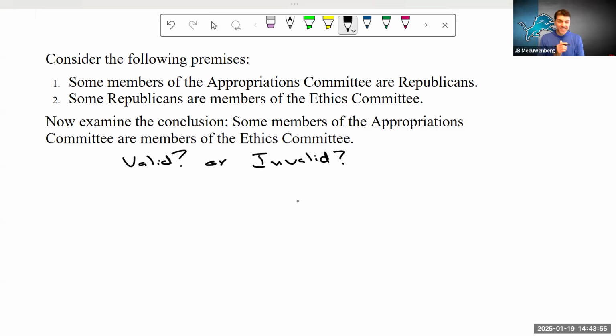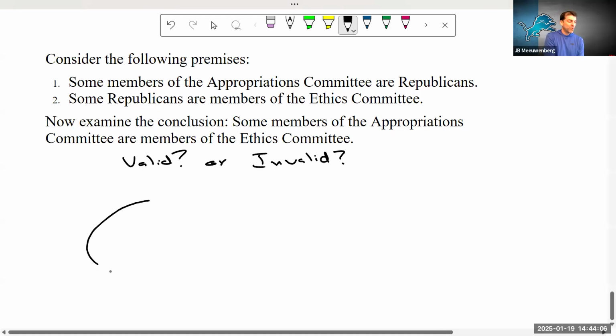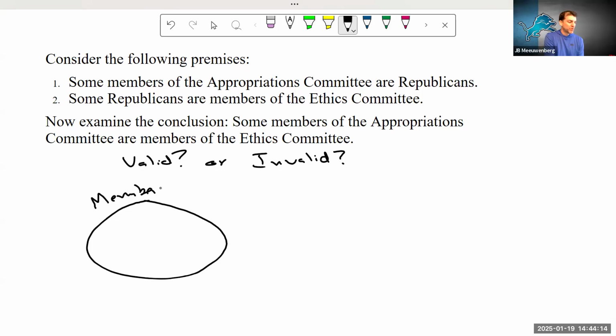So let's see what's happening here. What we have are three different groups: the Appropriations Committee, the Ethics Committee, and Republicans. If we start with a circle here and we say this is the Appropriations Committee, I'll abbreviate that, APP, okay?